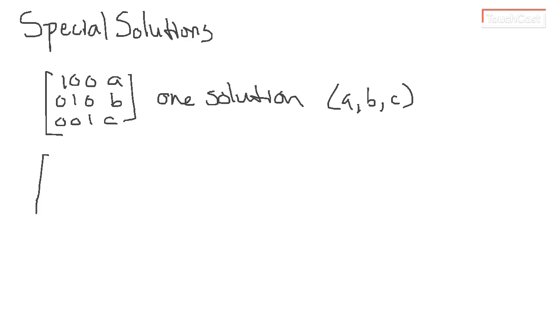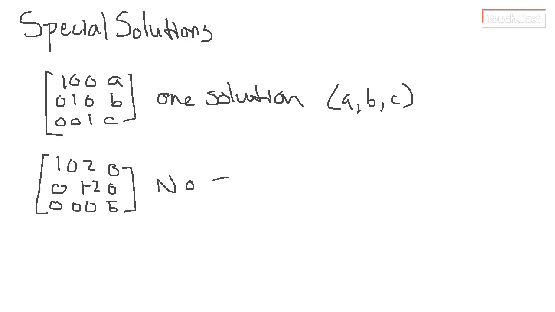If you're going through reducing the matrix to get it into reduced row echelon form, and you have something like 1, 0, and maybe a value like 2, 0, 0, 1, negative 2, 0, and then you have a row with 3 zeros followed by a value, you are going to have no solution.